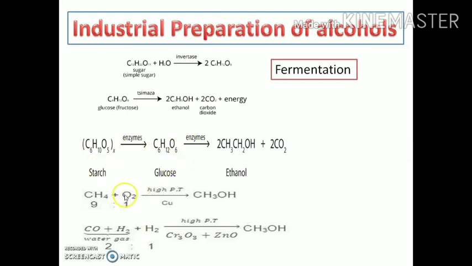Similarly, on treatment with oxygen in the ratio of 9:1 at high pressure and temperature in the presence of copper catalyst gives methanol, and the water gas, carbon monoxide and hydrogen, on treatment with hydrogen gas in the ratio of 2:1 at high pressure, with chromic oxide and zinc oxide catalyst, gives methanol as a major product.